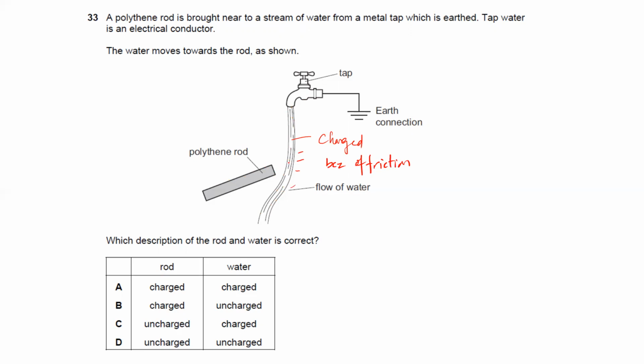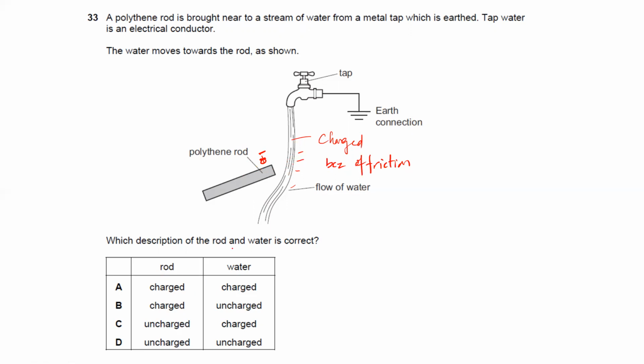So water gets some charge because of friction, and if a polythene rod is brought near to it, then it can either attract or move away. If water is negatively charged and the rod is positively charged, it will attract and move towards the rod. If the rod is negatively charged and the water is negatively charged, it can move away. So the water moves towards the rod, which means both of these materials are charged.